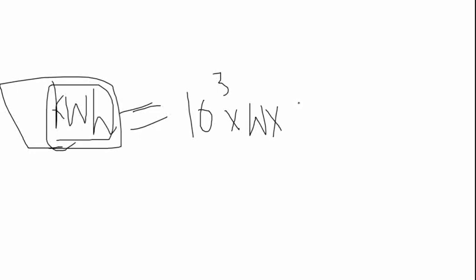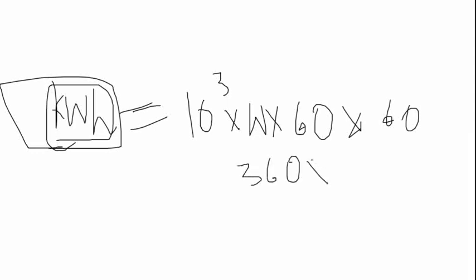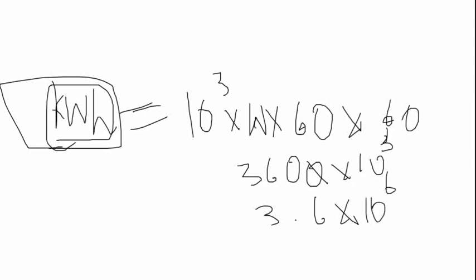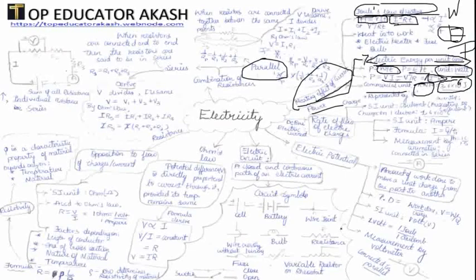How many seconds are there in an hour? An hour has basically 60 into 60, that is 3600 seconds. Kilowatt is 10 to the power 3 watt, and our time is 3600 seconds.